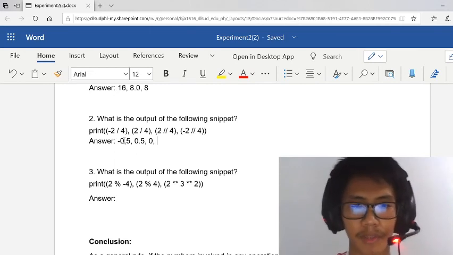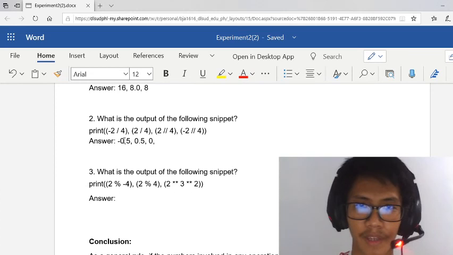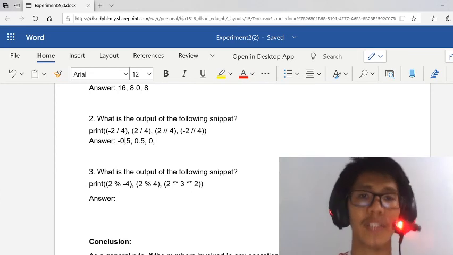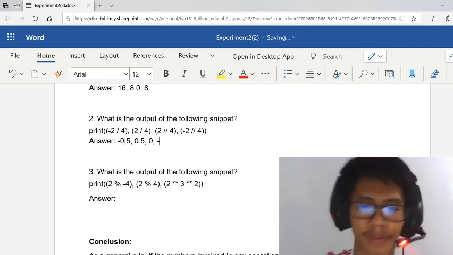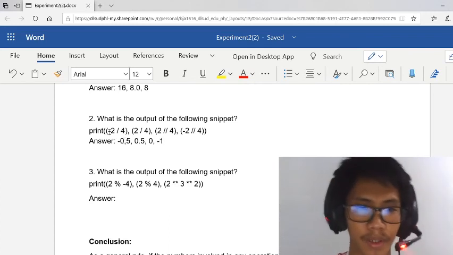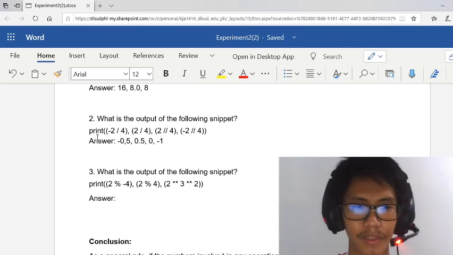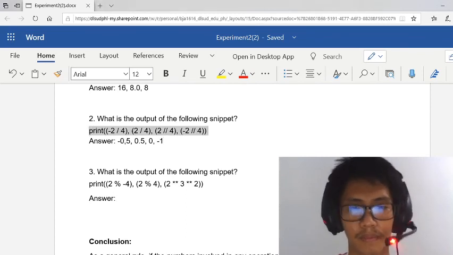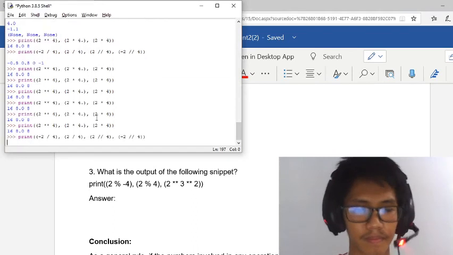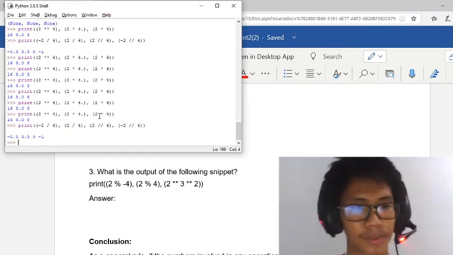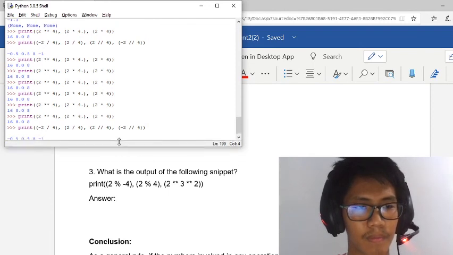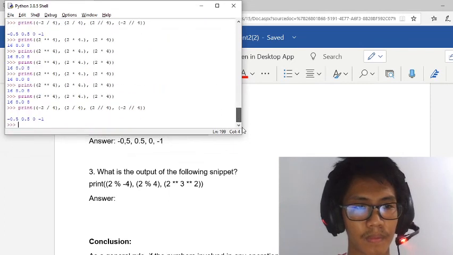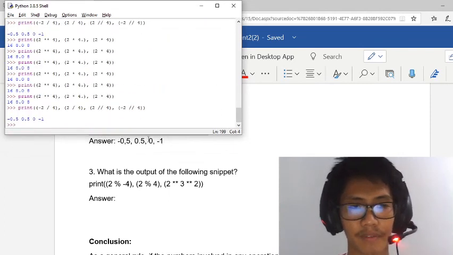Negative 2 divided by 4 would be negative 0.5, but since it is a floor operation, the nearest lowest integer with negative 0.5 would be negative 1. So it would be negative 1 with no decimal at all, of course. Still abiding with the rules. Let's see. So we have negative 0.5, 0.5, 0, and negative 1.